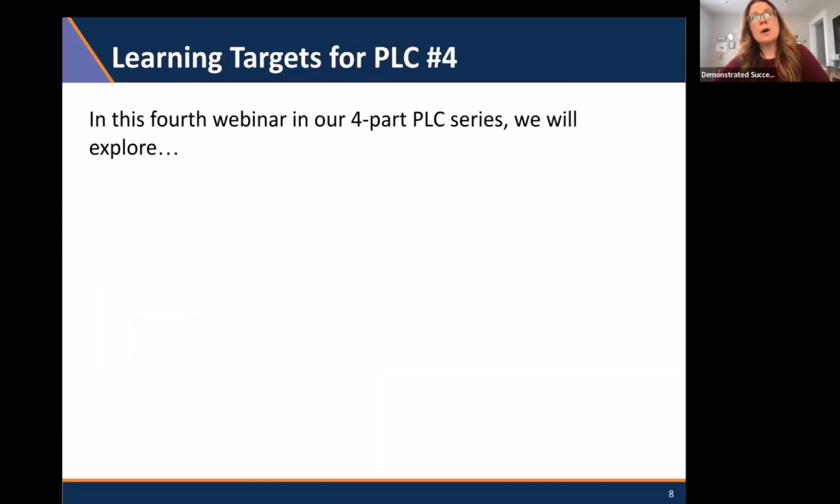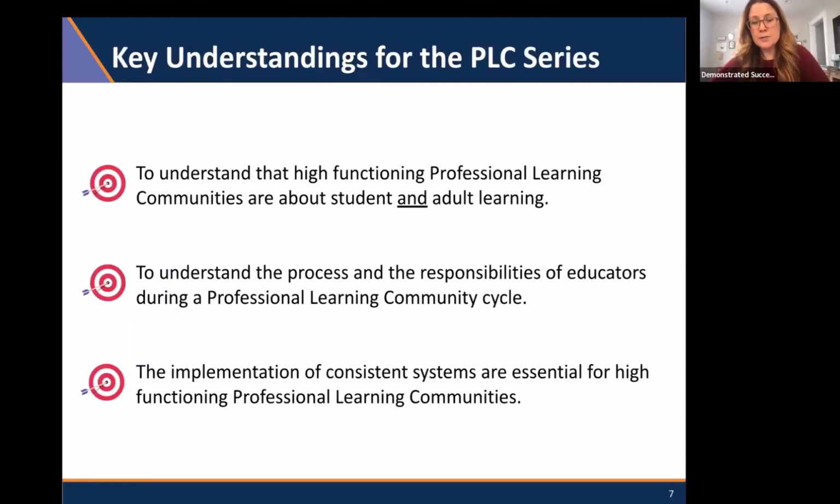We also want to make sure that everybody understands the process of the professional learning community and having those specific cycles within our year and what educators are able to do and how each PL cycle works. And then the implementation of those consistent protocols or systems to make sure we have high functioning professional learning communities in our schools.